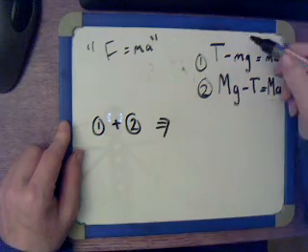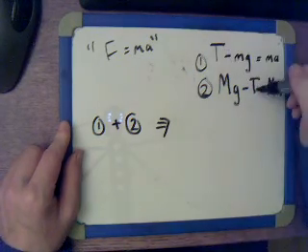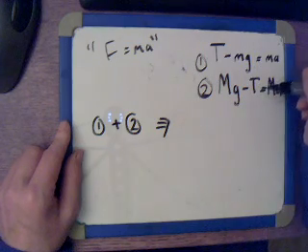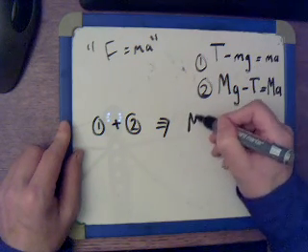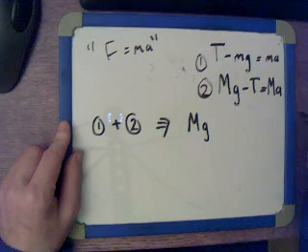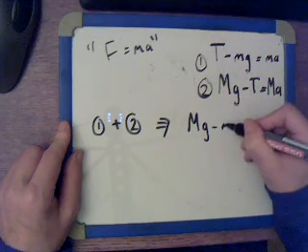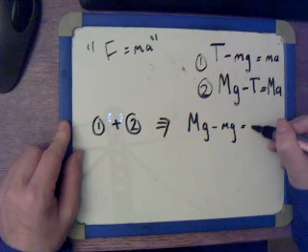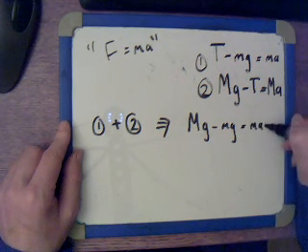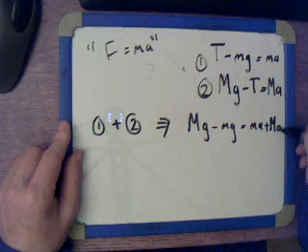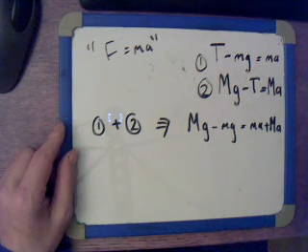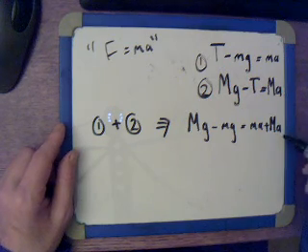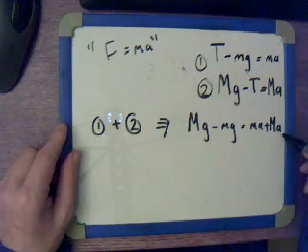And that will give us, adding those together, a positive T and negative T, they'll cancel out to give us Mg minus little mg is equal to Ma plus ma. We've added the two equations. Now we'll need to do some factorization because we want to give it in terms of a.